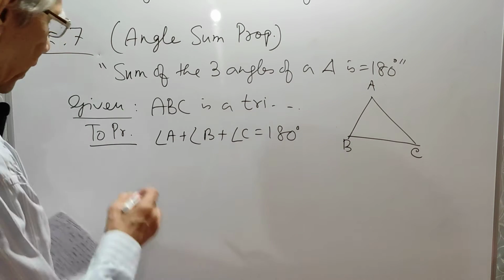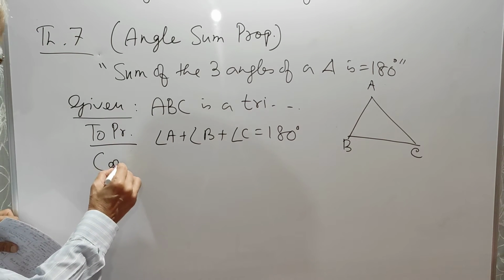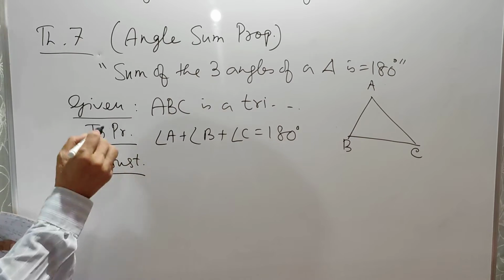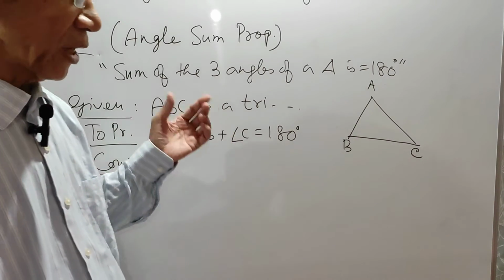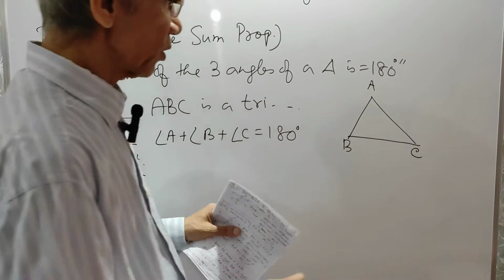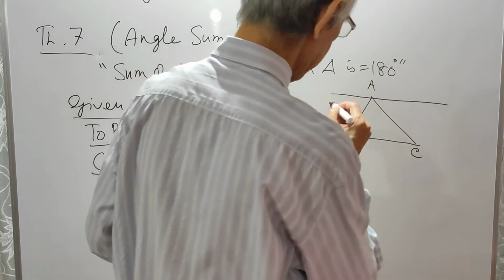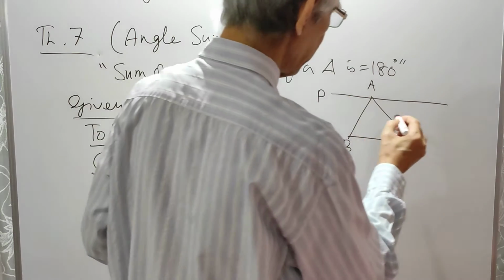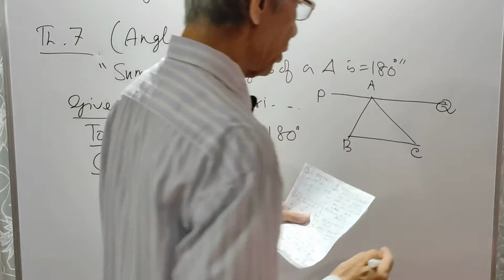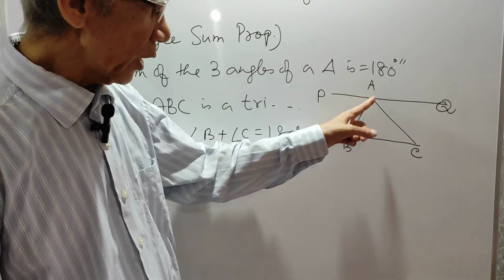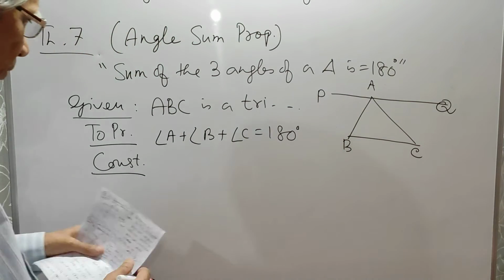Now here also we need to do some construction work. We have to do some construction to help us get the proof. Now what construction do we do? We draw a straight line through A parallel to BC. Suppose we draw PQ. So that is what we must write.